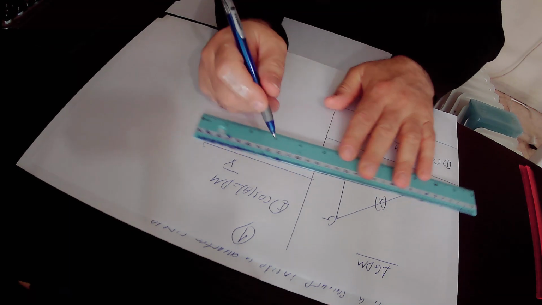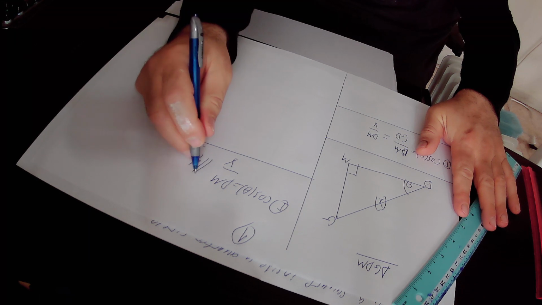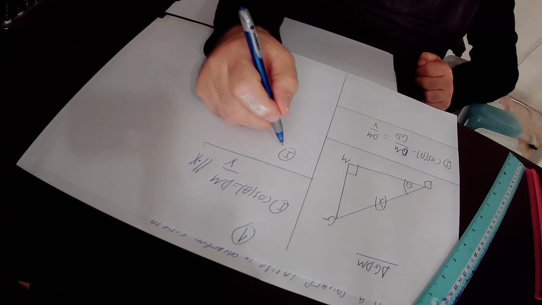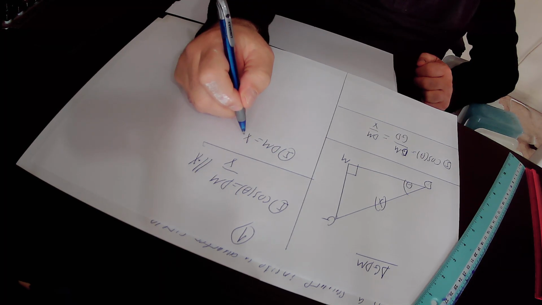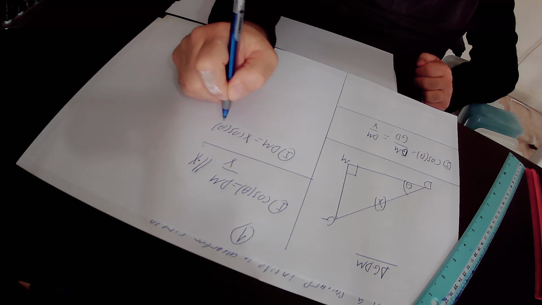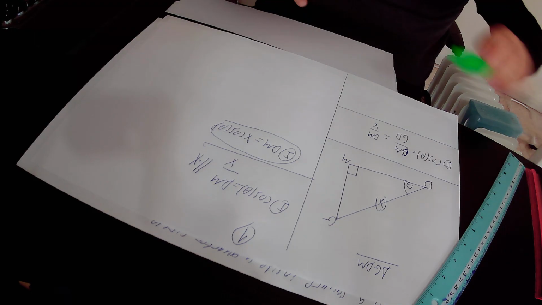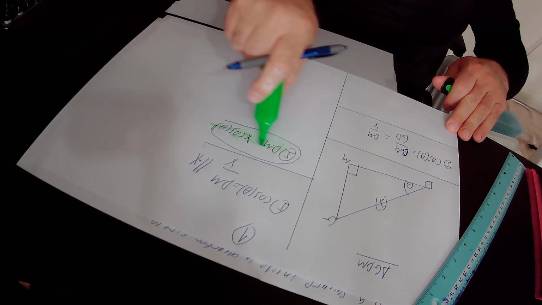Here we multiply equation 1 by x, and finally we get that according to equation 1, DM equals x times cosine theta. Repeat again, DM equals x times cosine theta.